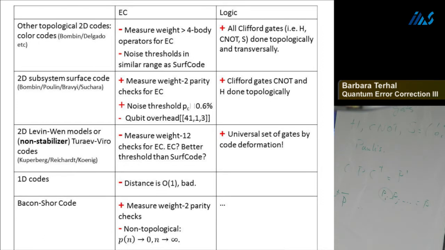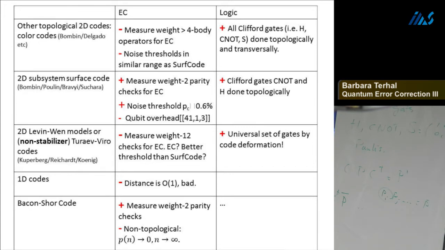Now, to go beyond the stabilizer formalism, there are also codes which relate to two-dimensional Levin-Wen models, and they have been looked at as Turaev-Viro codes. There's beautiful mathematical theory behind these codes, but we have not understood, at least so far, very much how we could use those codes explicitly and do error correction with them.